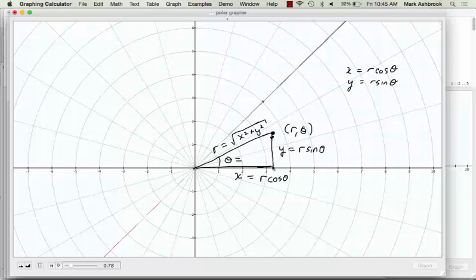We've got opposite over adjacent, which is equal to tangent of theta. So therefore theta equals? If tangent of theta equals y over x, then theta equals arctan of y over x.